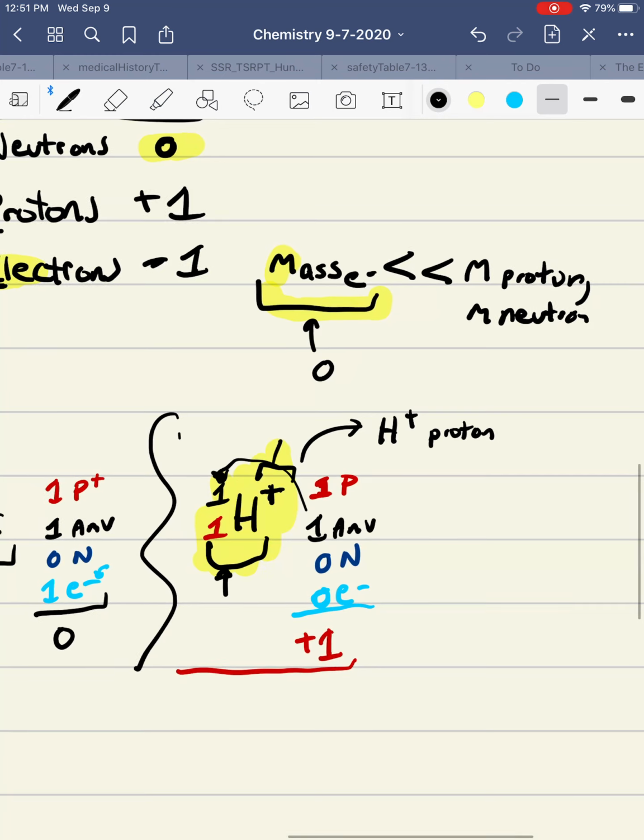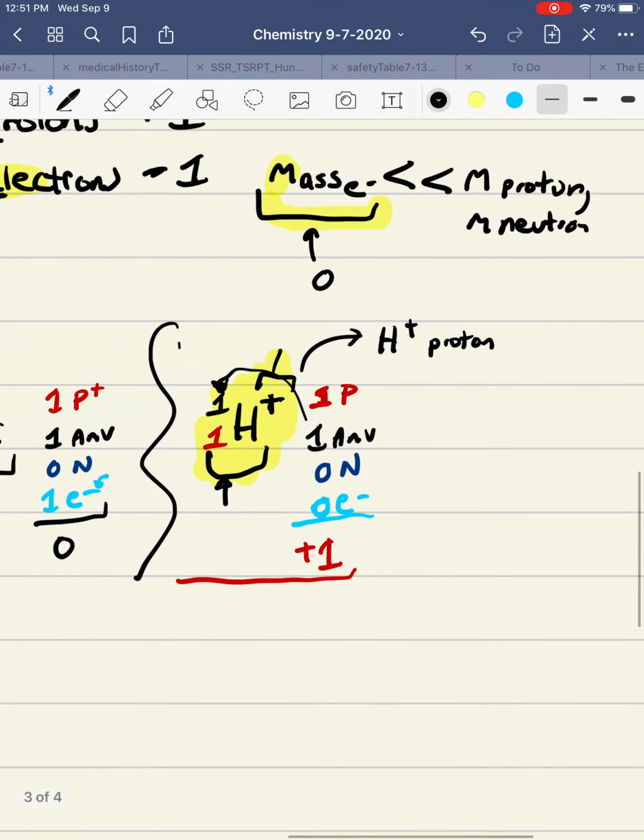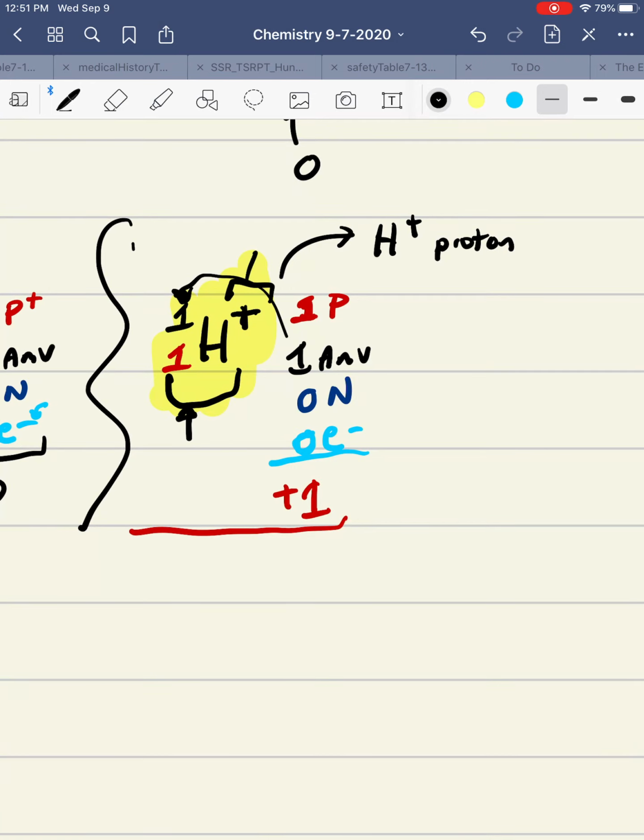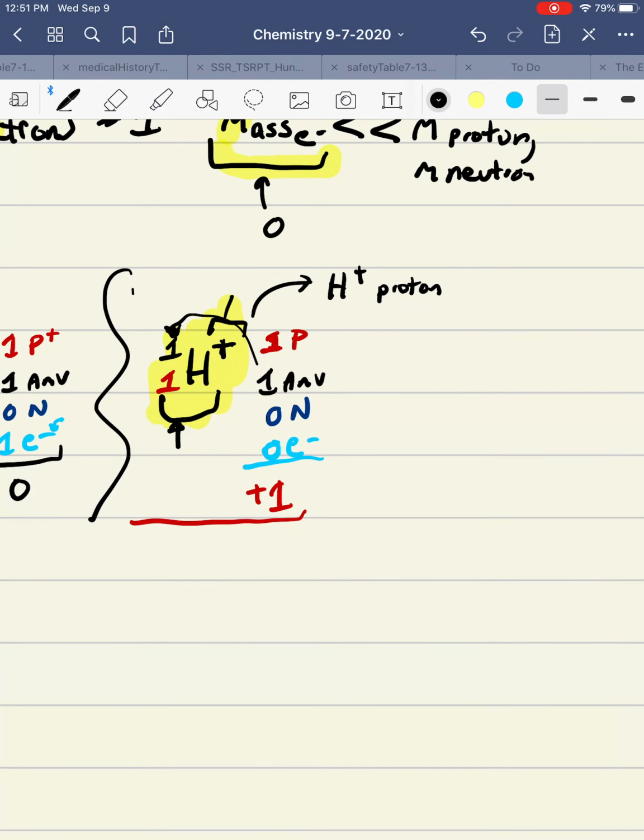Now, anytime you see an atom with a plus charge or a minus charge, we call them ions. In this case, if it has a plus charge, we call it a cation.